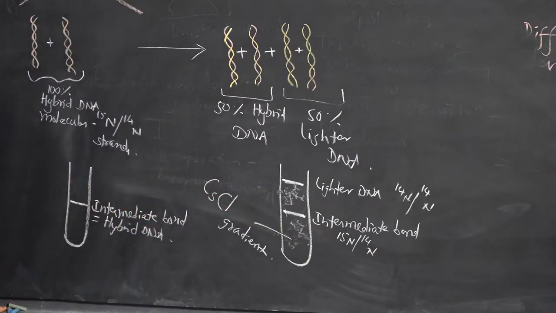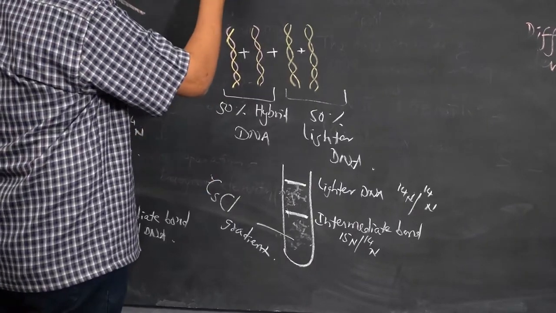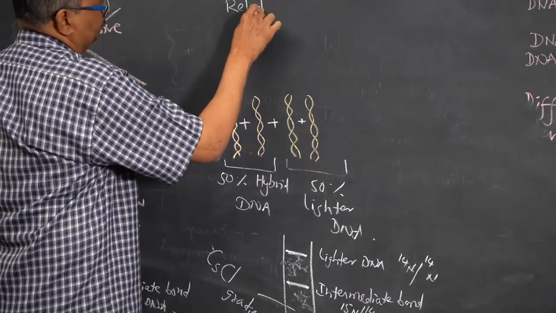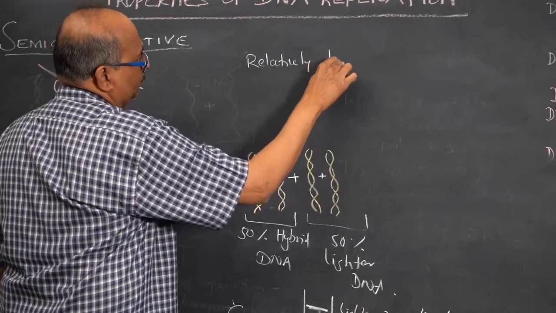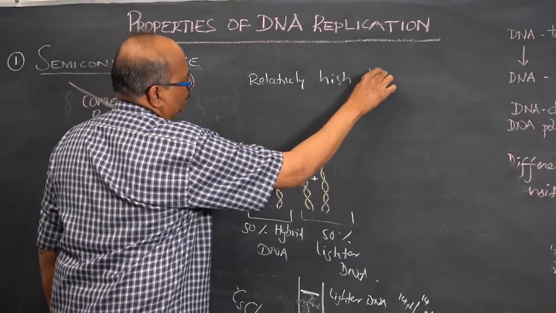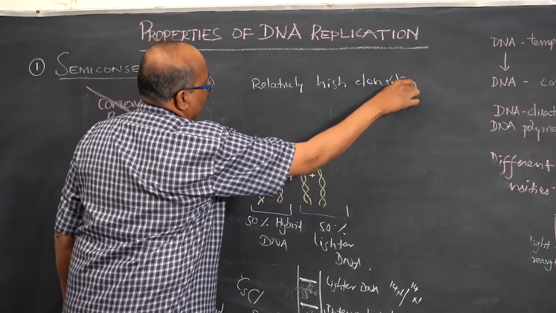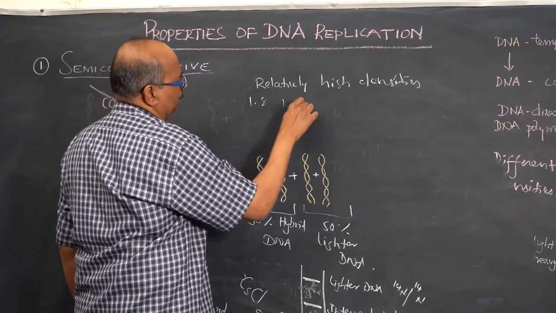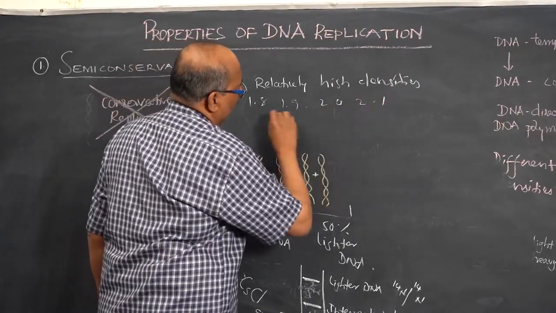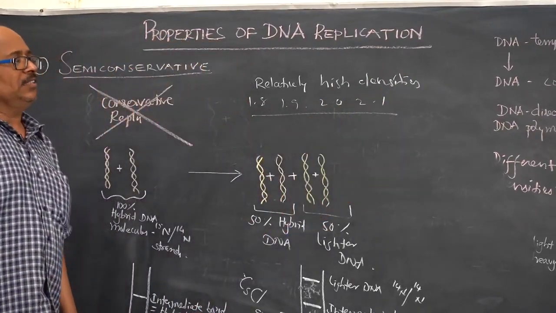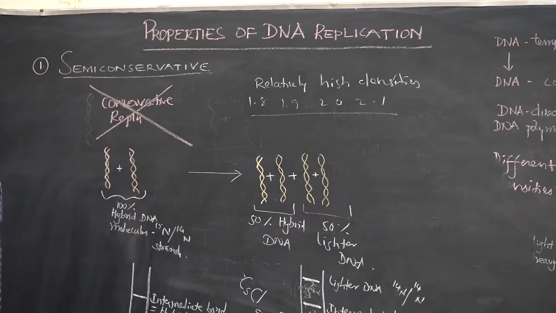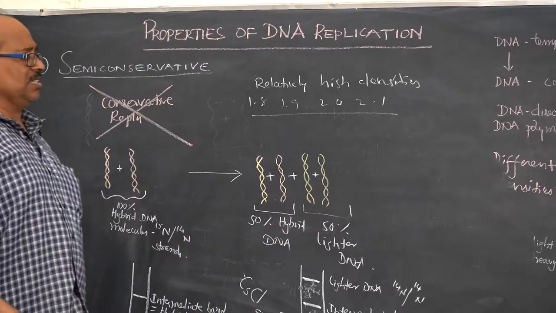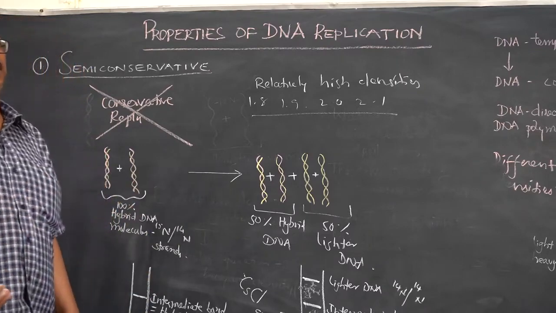So for DNA experiments, the preferred gradient is cesium chloride gradient because it gives relatively high densities. So you can get 1.8, 1.9, 2, 2.1 and so on. And this high density is needed because DNA is a highly viscous, high buoyant density molecule.